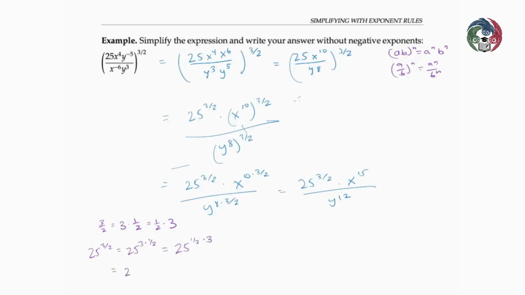Well, using the power rule in reverse, I can think of this as 25 cubed to the 1/2, or as 25 to the 1/2 cubed, since when I take a power to a power, I multiply the exponents. 25 cubed to the 1/2 might be hard to evaluate, since 25 cubed is a huge number. But 25 to the 1/2 is just the square root of 25. So I have the square root of 25 cubed, or 5 cubed, which is 125. Therefore, my original expression is going to be 125 x to the 15 over y to the 12th.